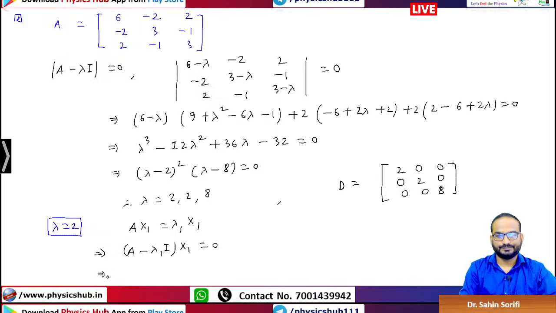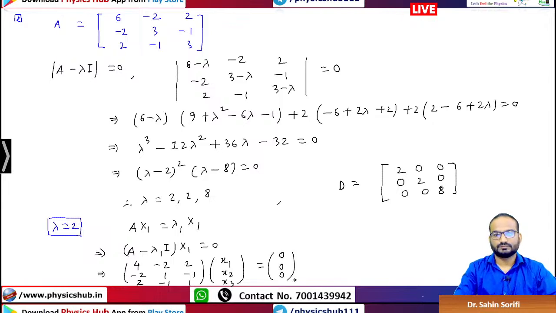So this will become 4, minus 2, 2, minus 2, 1, minus 1, 2, minus 1, 1. x1 will contain 3 elements, x1, x2, x3, let's say. This is equal to 0.